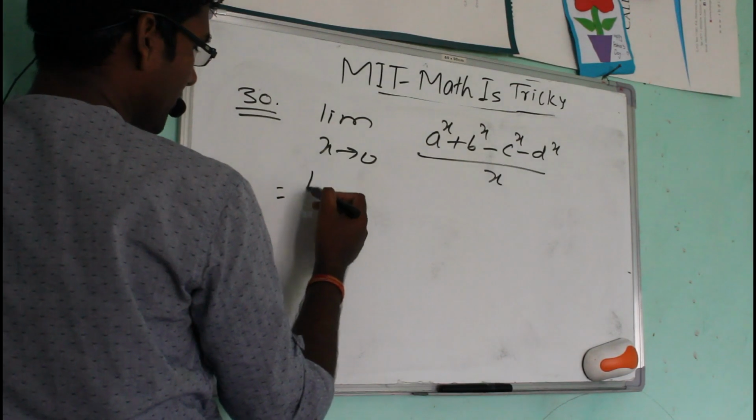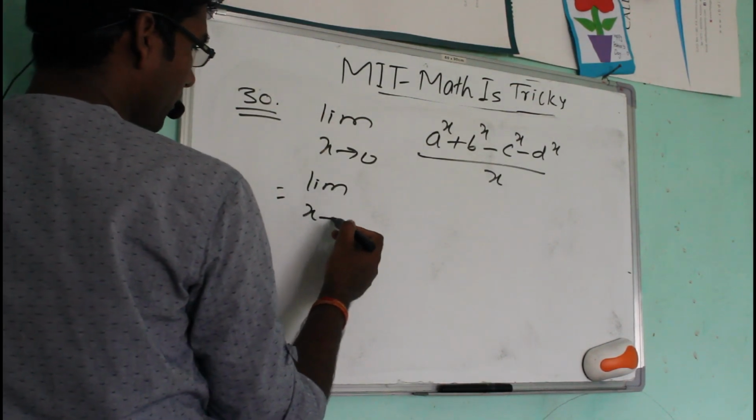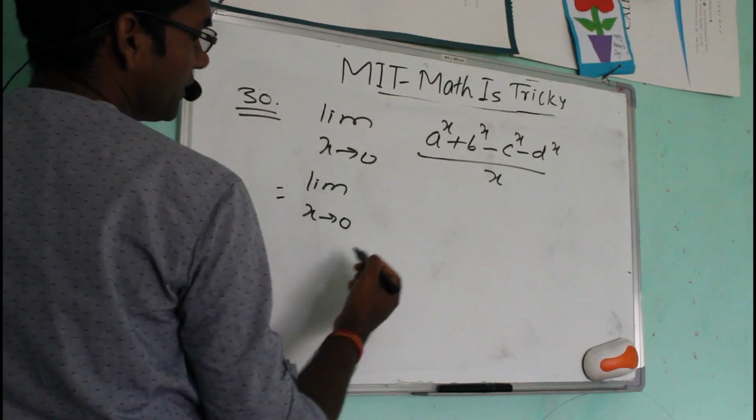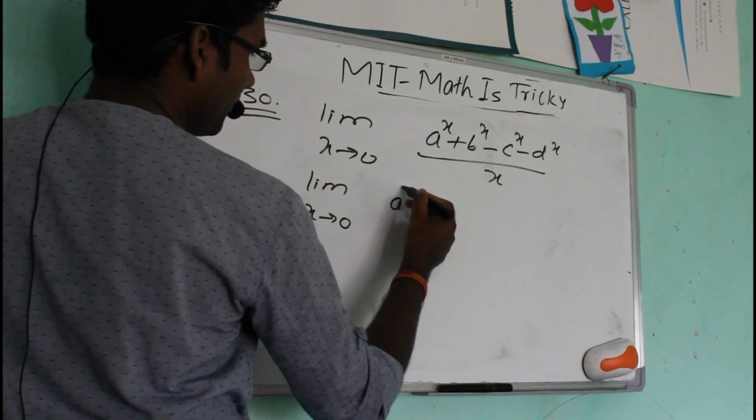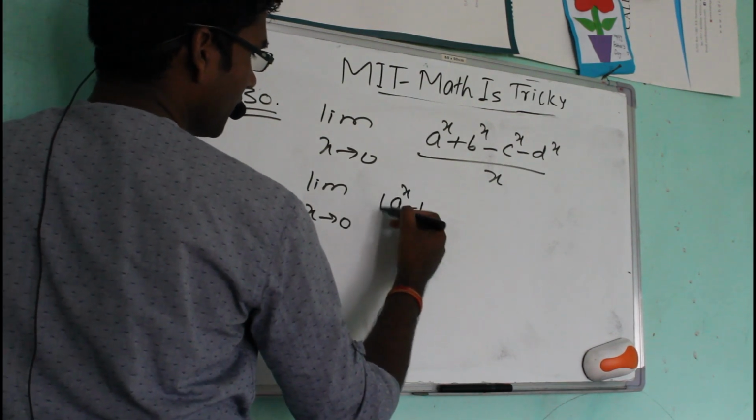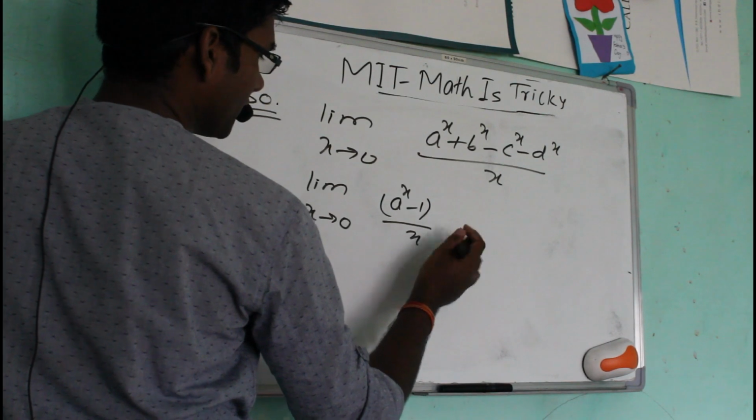So simply, as I told you, remember the formula that we are going to use here. Let's write like this: (a^x - 1)/x.